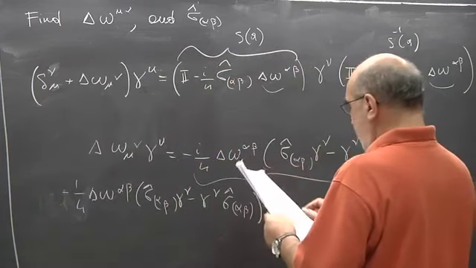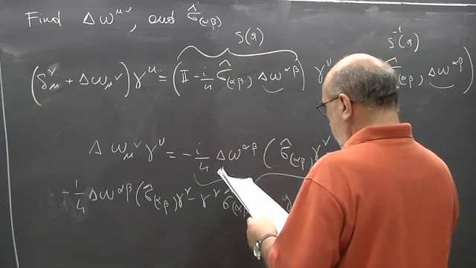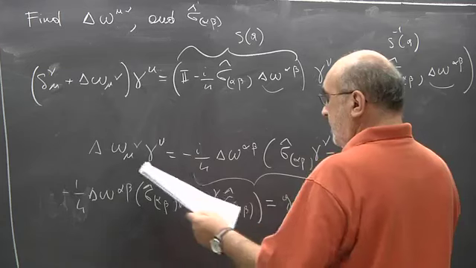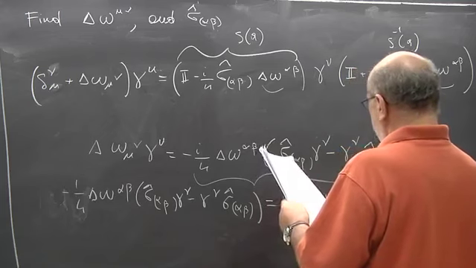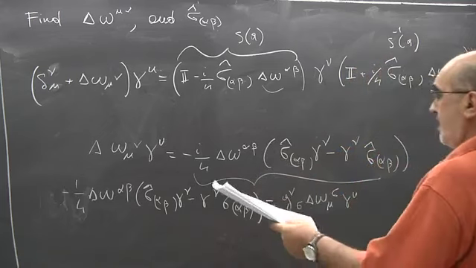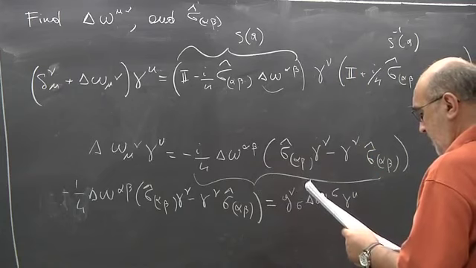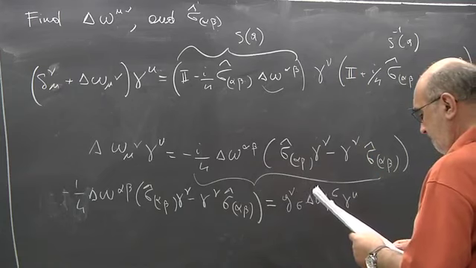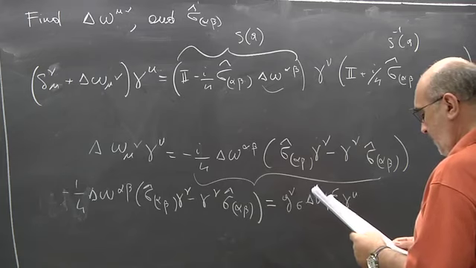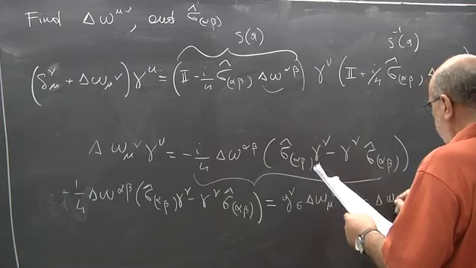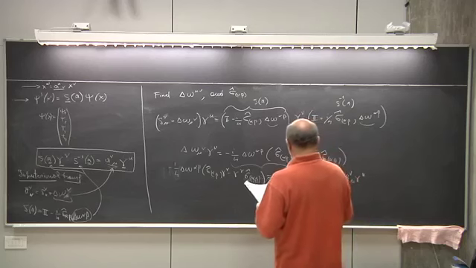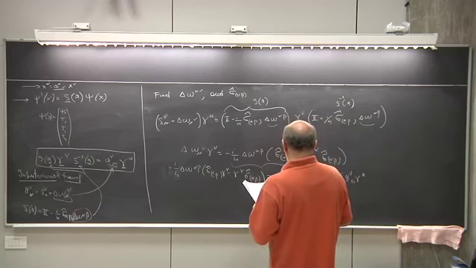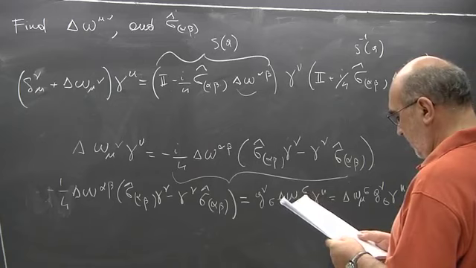Let's remember that this is antisymmetric, so we get, and it must be equal to this, so we have g nu sigma delta omega mu sigma gamma mu. What I have done, let me see what I have done. Let me write, then I understand. Right, but I have to leave the i there.